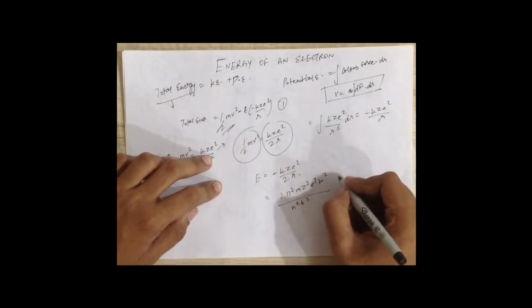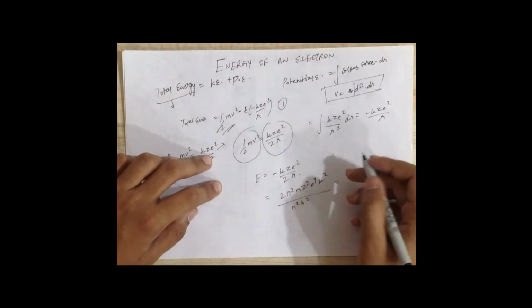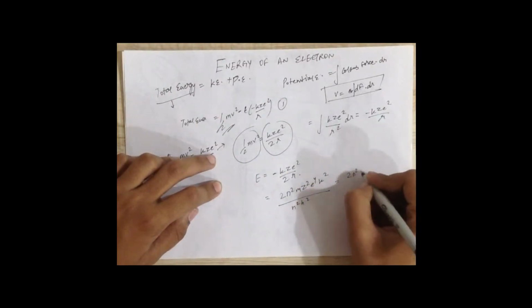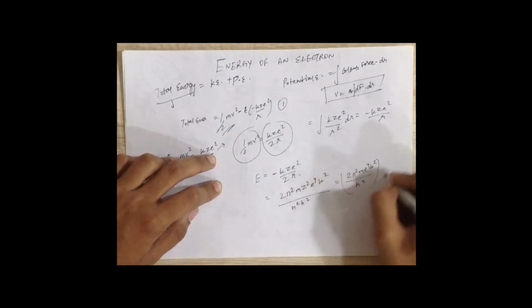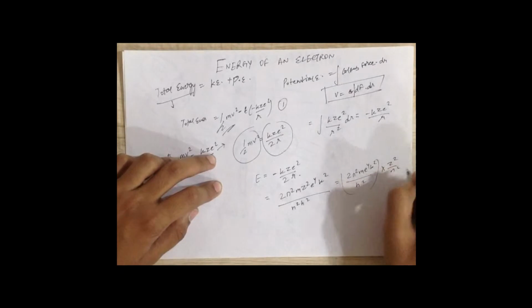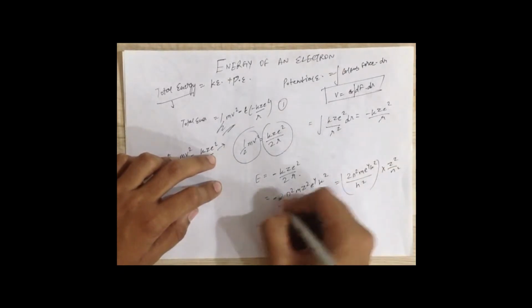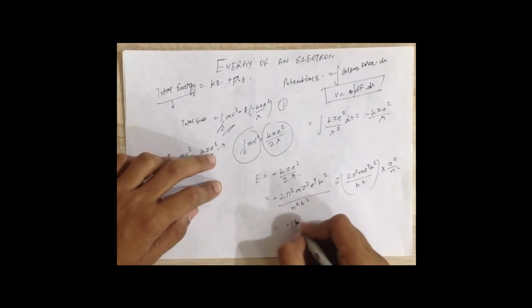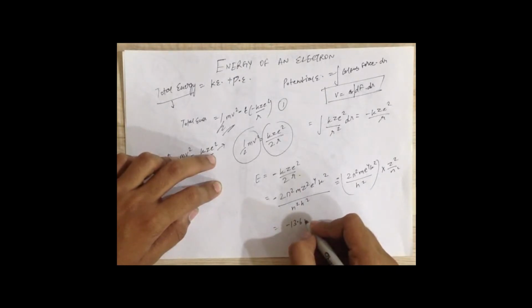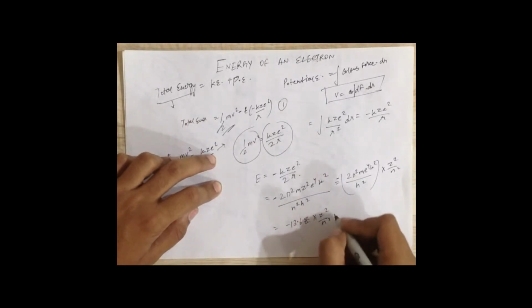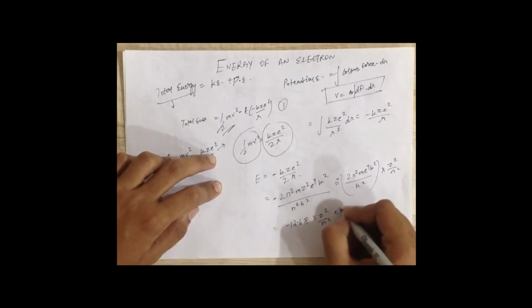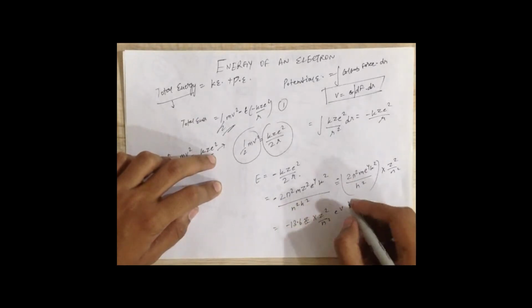Now again separating the constants and the variables, we get 2 pi square m e to the power 4 k square upon h square times z square by n square. On solving this, we have a negative sign here, and we get minus 13.6 into z square upon n square electron volt. So this is the energy in electron volt per atom.